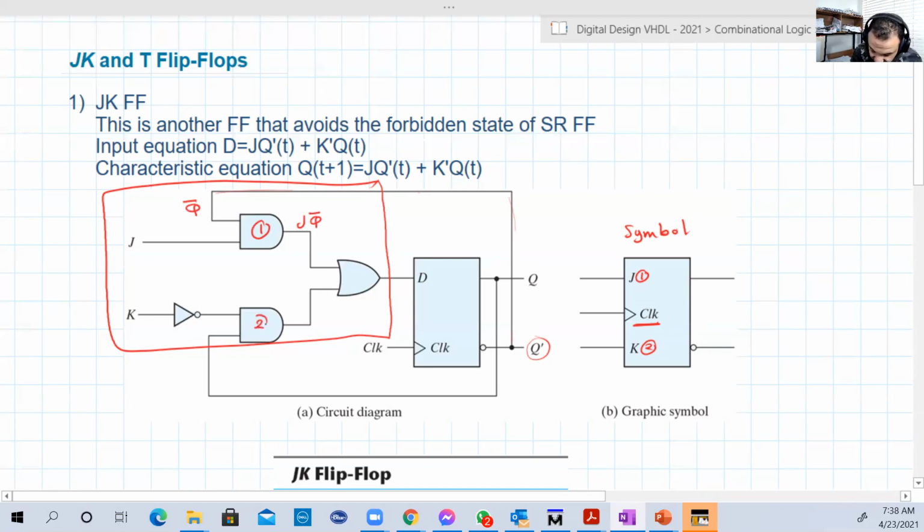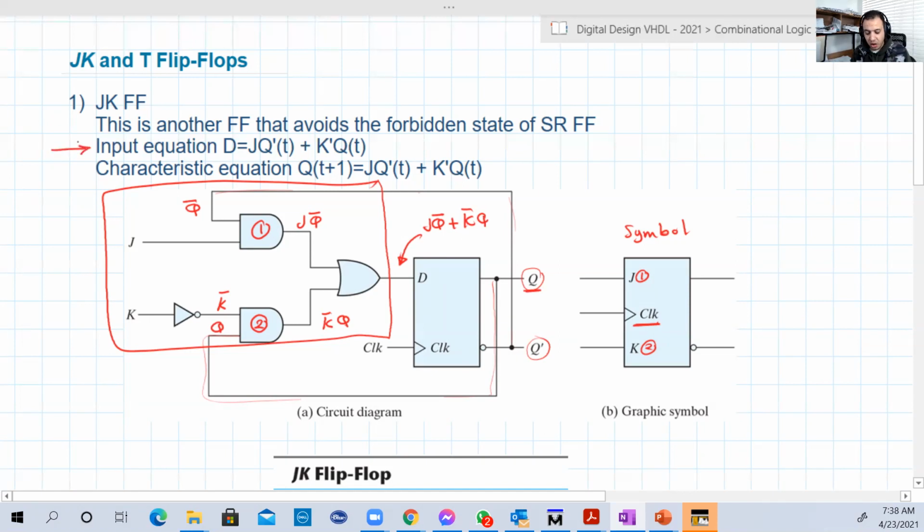For the second AND gate, the first input is K bar, and the second input is coming from Q. So the output of the second AND gate is K bar Q. So basically D is J Q bar plus K bar Q. Okay, and that's what will determine the next state for the Q. This is called the input equation.